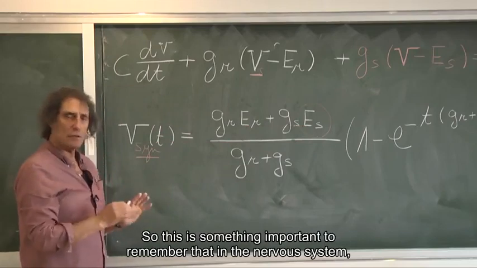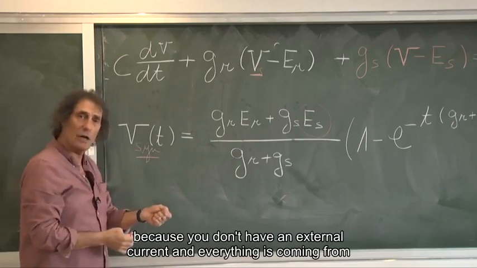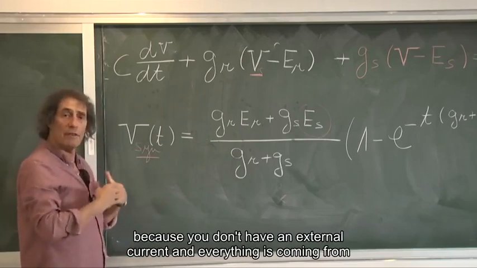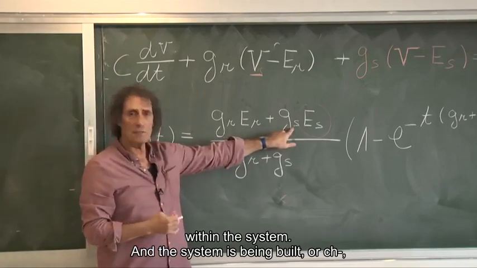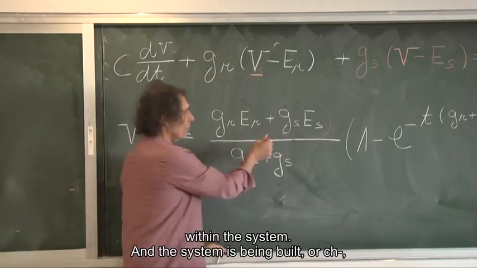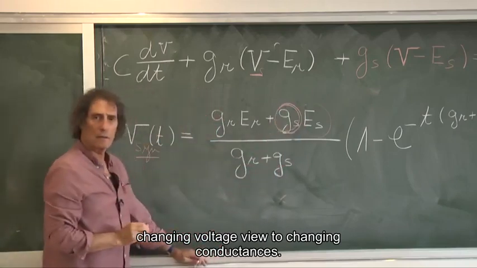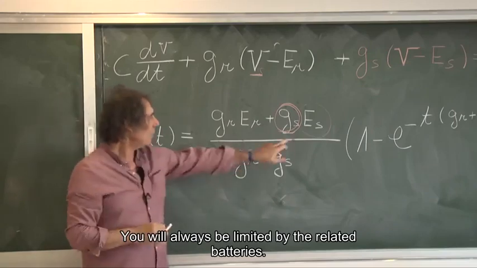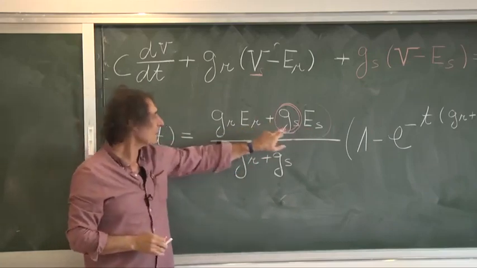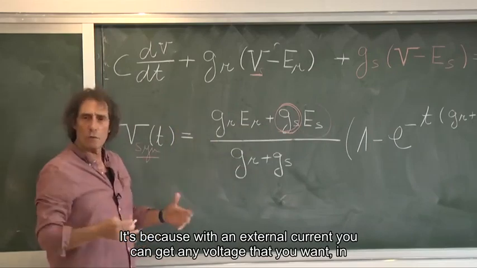So this is something important to remember: in the nervous system, because you don't have an external current, and everything is coming from within the system, and the system is changing voltage due to changing conductances, you will always be limited by the related batteries. With an external current, you can get any voltage that you want in principle.